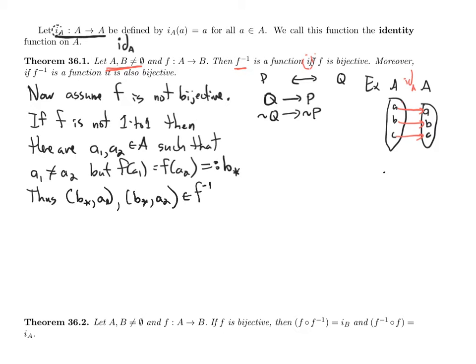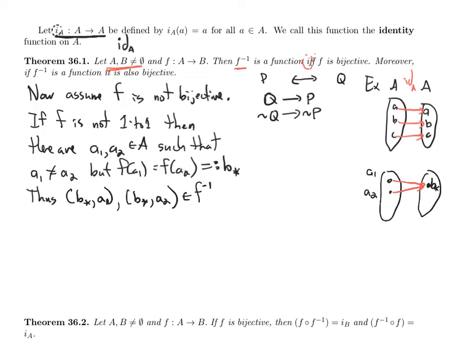Let's just draw a little diagram to make sure we understand what's going on here. Here's a1, here's a2, and this isn't one-to-one, so these both get mapped to this element b star.